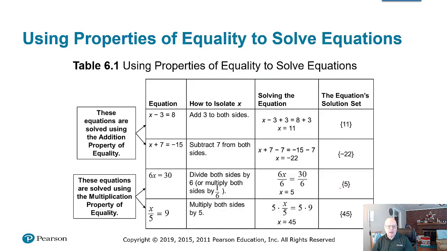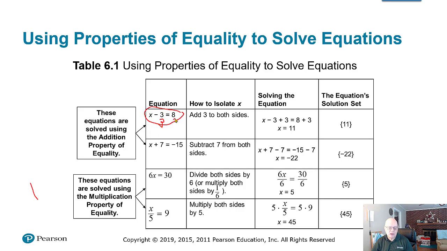Next, you can look through these. These give you some examples of how we actually work with these. Here we go. So here's an equation you might start with. You want x all by itself, so you say x equals blah, blah, blah. Well, if you add 3 to both sides, then add 3 here, the 3's are going to disappear.